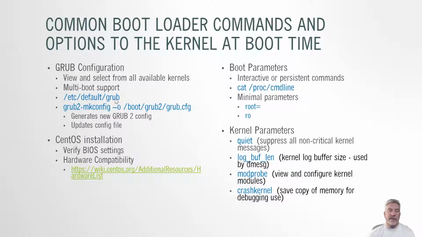Now, when CentOS gets installed, first the system will do the inspection of the BIOS. We'll talk a little bit about the power-on self-test. And if you were unsure about the compatibility of your system, you can always go to the CentOS hardware compatibility site. I'll bring this up really quick.